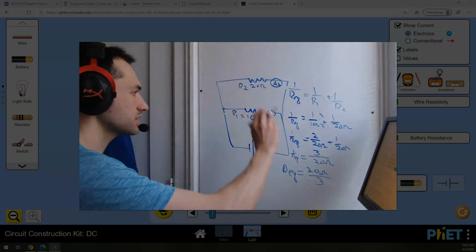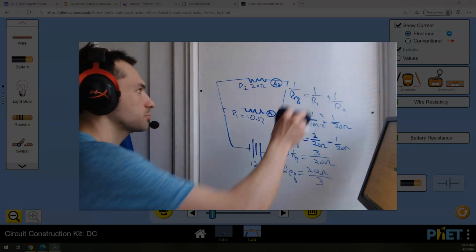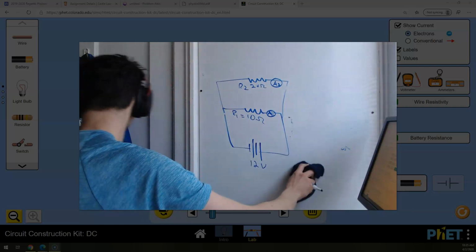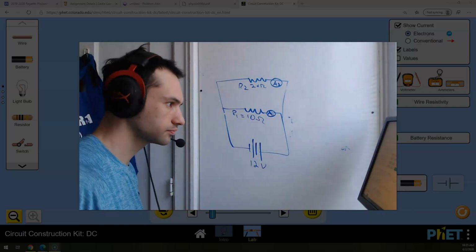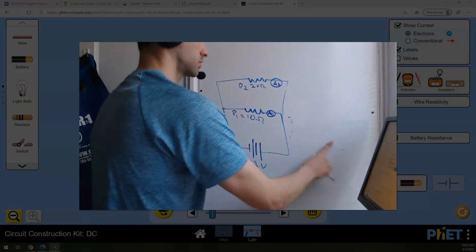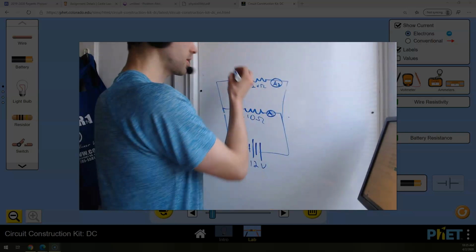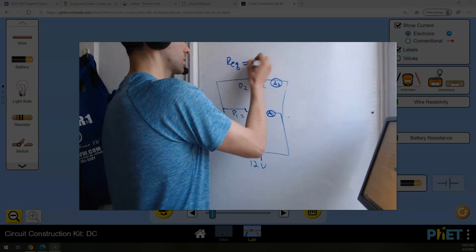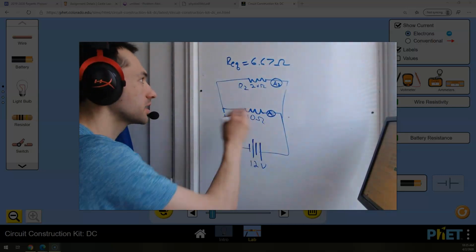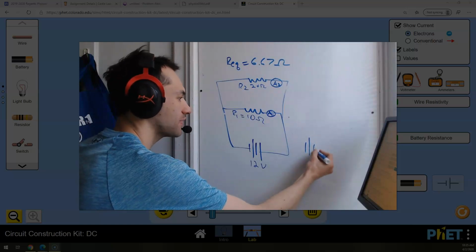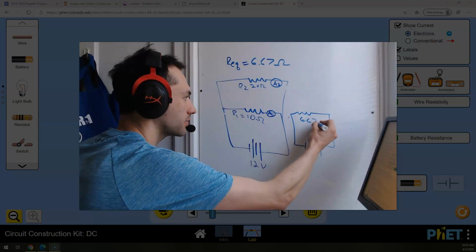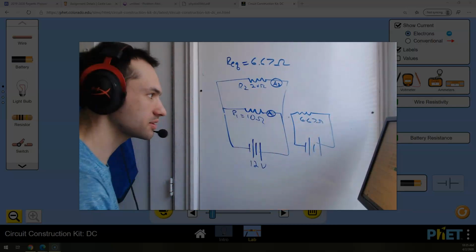So the total resistance in this circuit is going to be 6.67 ohms. What that means is I could effectively have the exact same thing with a single resistor that was 6.67 ohms. These are equivalent circuits is what that means.